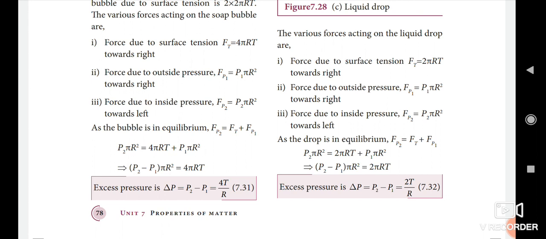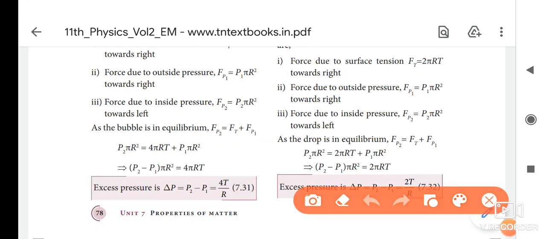Now the bubble is in equilibrium, so the force due to inside pressure Fp2 is equal to the force due to tension Ft plus the force due to outside pressure Fp1. What is the value for Fp2? P2 pi r squared. The value for Ft is 4 pi rT.